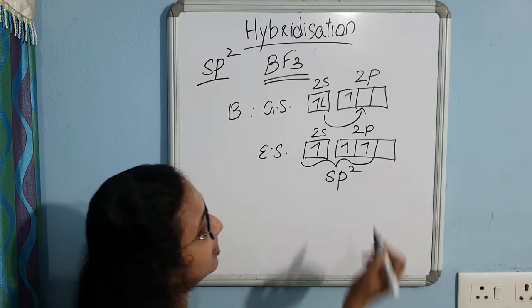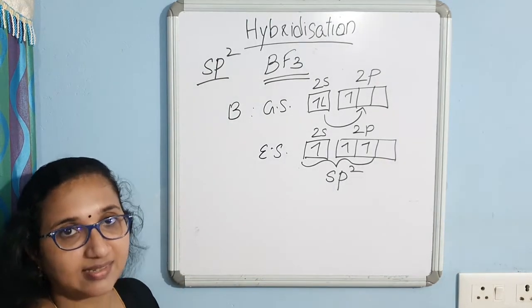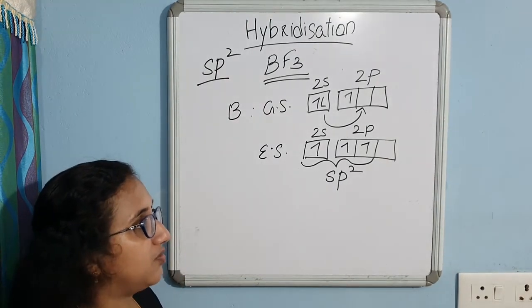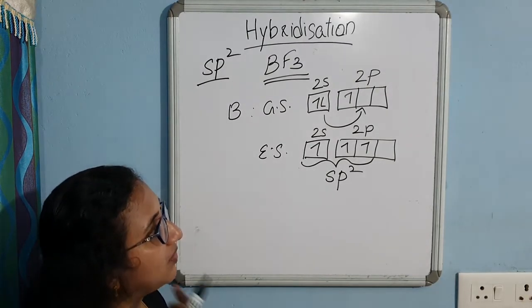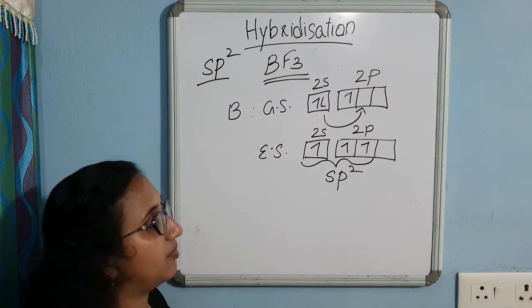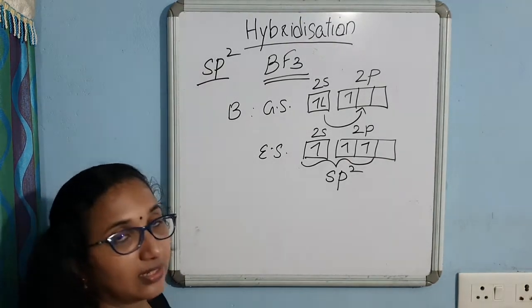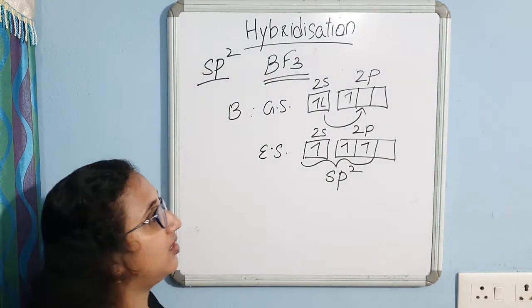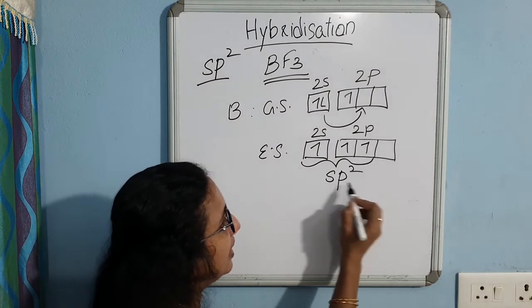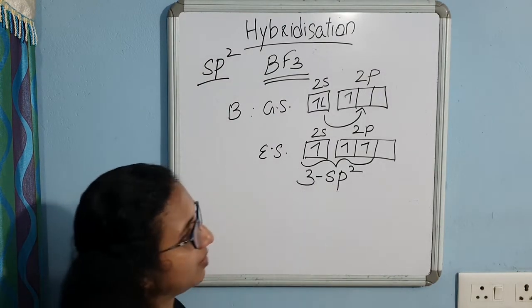That hybridization is called sp2 hybridization, involving 1 s orbital and 2 p orbitals. That is why it is called sp2 hybridization, and as a result we get 3 sp2 hybridized orbitals.